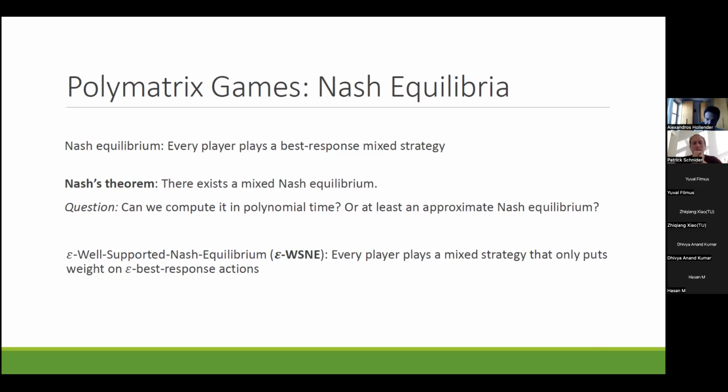Let me just mention that the epsilon here is an additive term. So this is an additive approximation, meaning that the smaller epsilon is, the better the approximation is. If epsilon is equal to 0, an epsilon-WSNE is the same as an exact Nash equilibrium. On the other hand, as epsilon increases, it becomes a worse approximation of a Nash equilibrium.